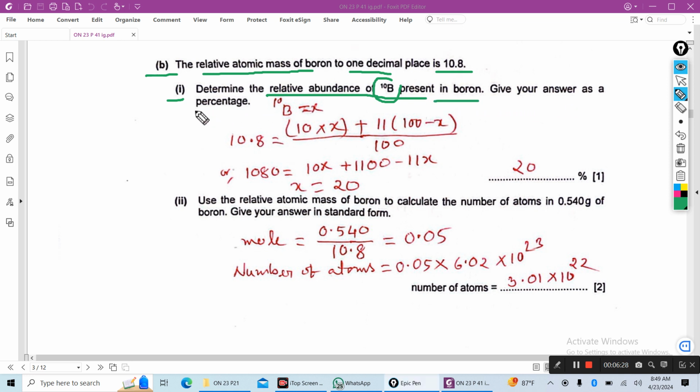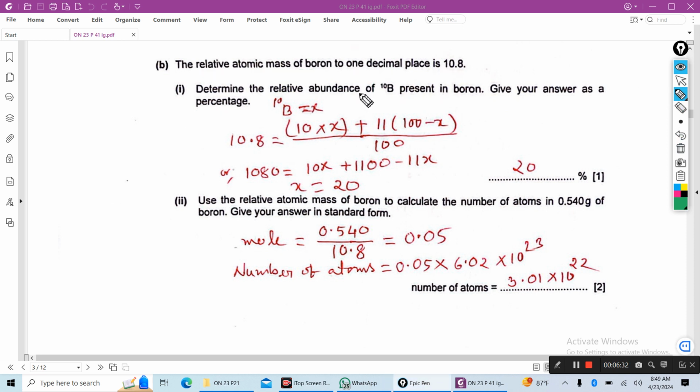Give your answer as a percentage. So for boron 10, let the percentage of boron 10 be X. So boron 11 will be 100 minus X.